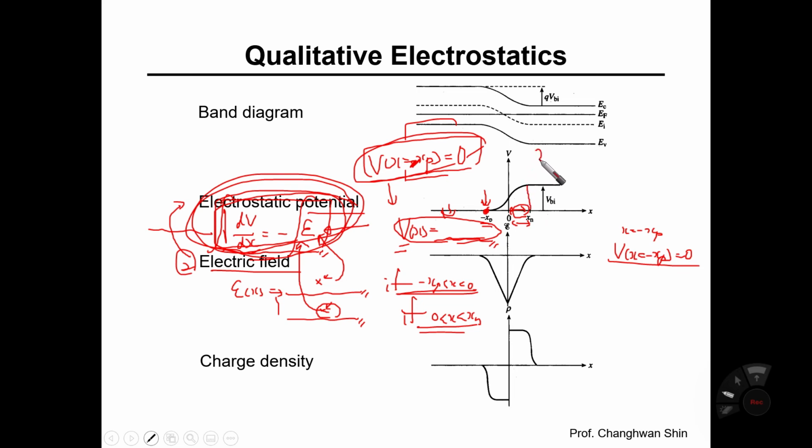Yes, at x of xn, how much voltage difference has been formed? We have no idea how much voltage difference has occurred across the PN junction. However, the one thing that we know is that there is a potential barrier height. Why should a potential barrier height exist between P and N? Why is that?